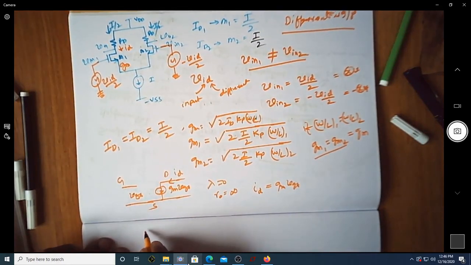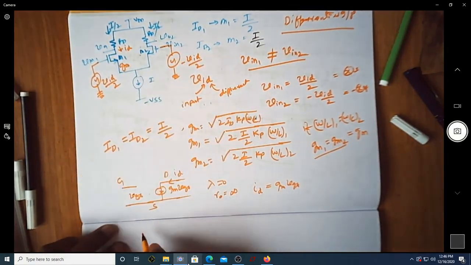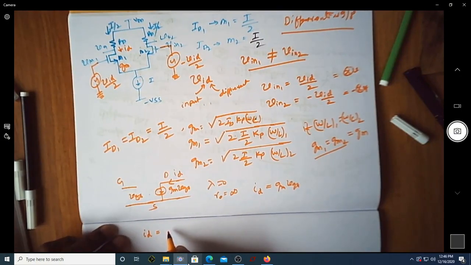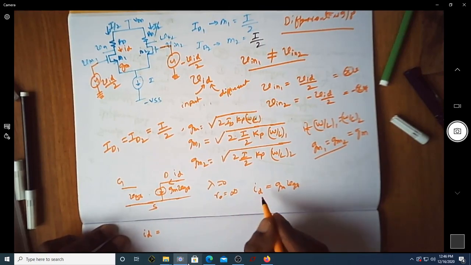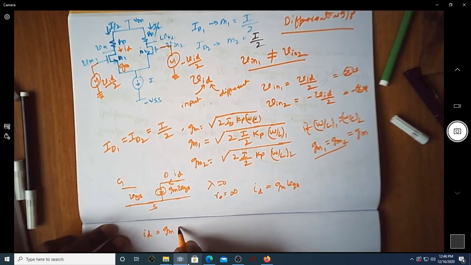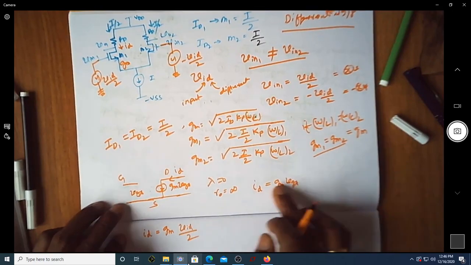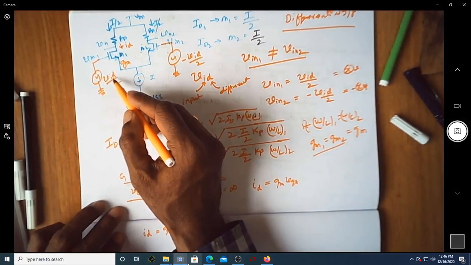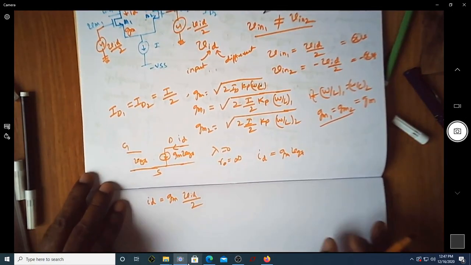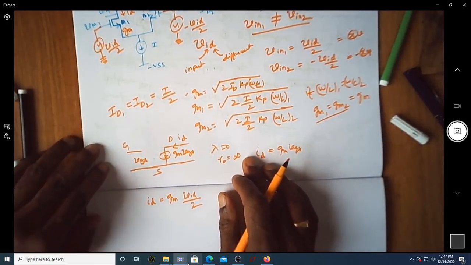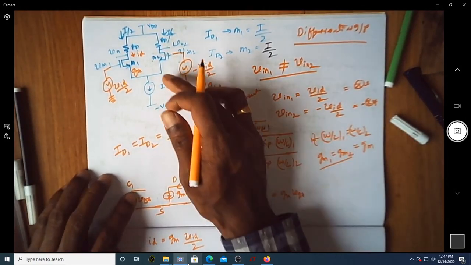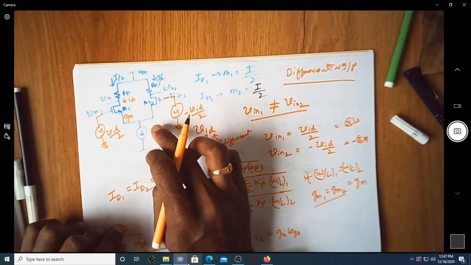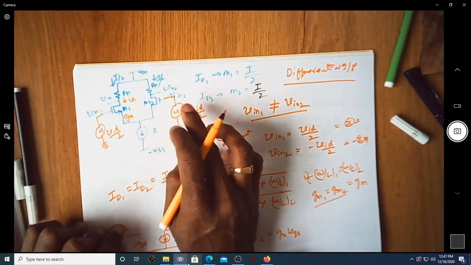So for this particular circuit, can I write ID is equal to GM into VID by 2, because whatever VGS I'm applying here is VID by 2. Before that, let us write the AC equivalent model, or the AC circuit, of this one.